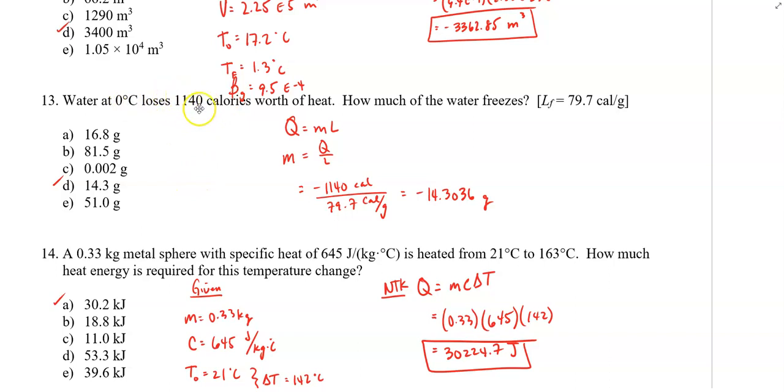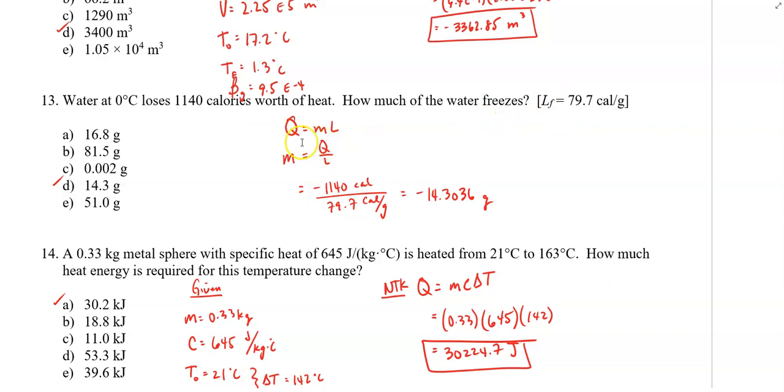So if only 1,140 calories has moved out of this material, then we can compute that by using our heat flow formula for latent heat here. The amount of heat that's been transferred is equal to the mass times the constant of fusion for water.